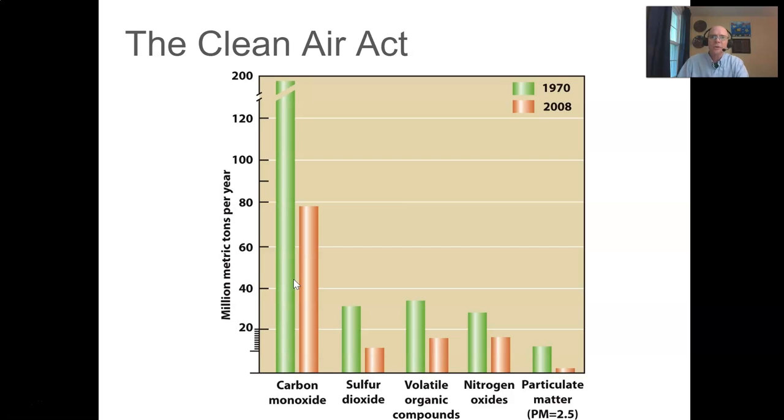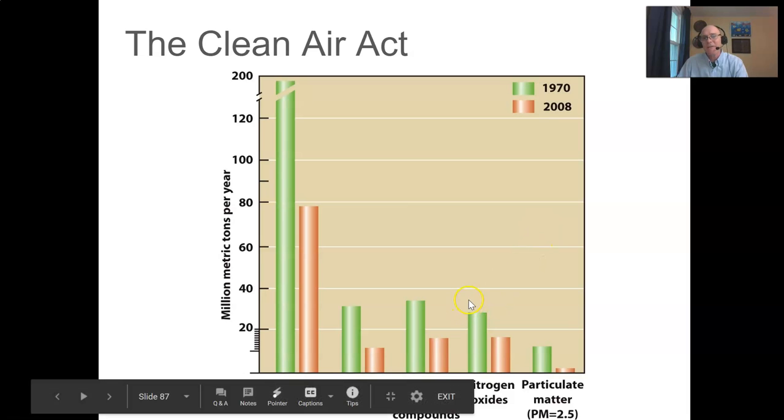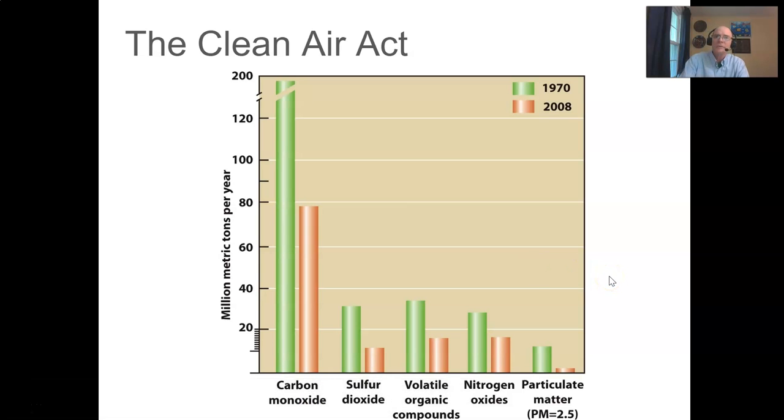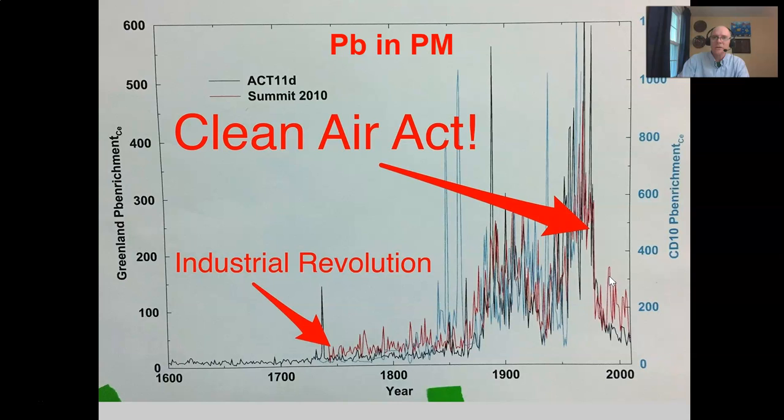This is a graph that shows some air quality data in millions of metric tons released per year. And you can see 1970 versus about 40 years later in 2008, everything has decreased by at least 40%. And that's a significant amount of material that's been released. Lead in particular has shown some radical decreases.